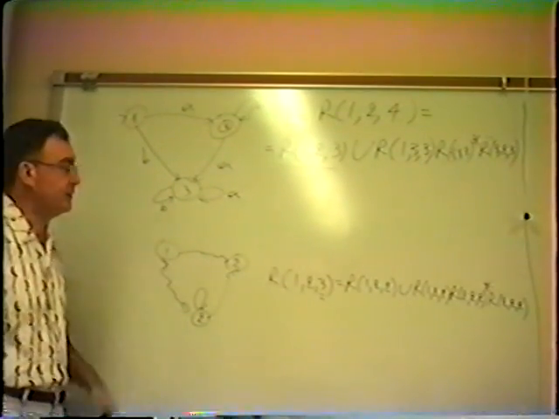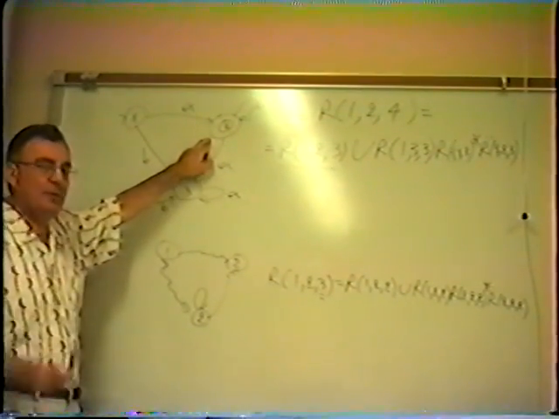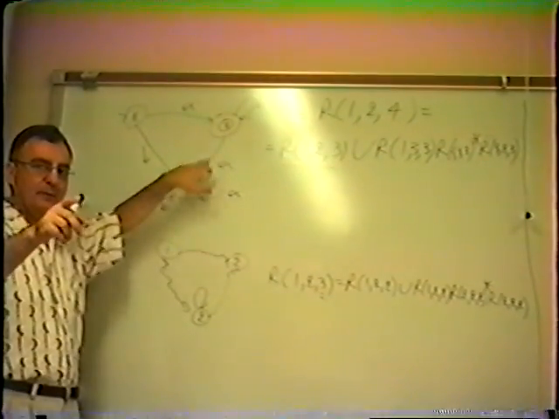R1, 2, 2 means the strings that will get you from 1 to 2 without crossing 2 or higher. This means they cannot cross anything else.